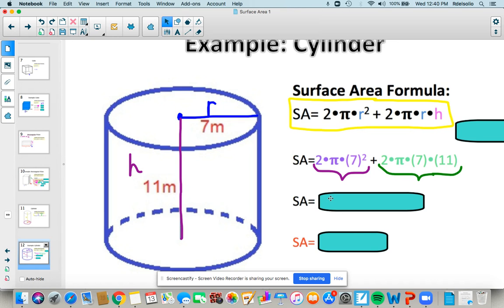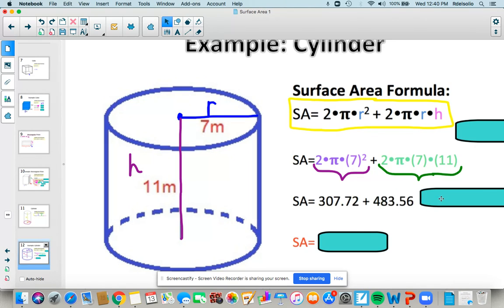So we have 2 times pi times 7 squared is going to be 307.72. Again, you can just plug that right into your calculator. And then the other side is 2 times pi times 7 times 11, and you'll get 483.56.